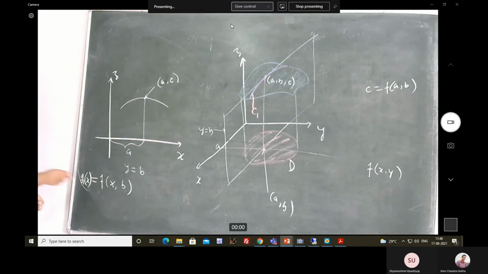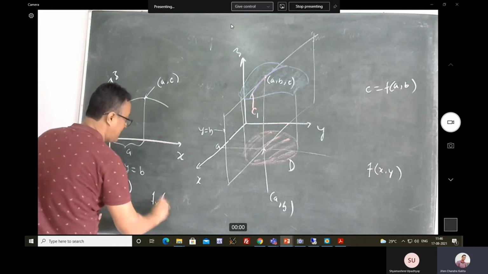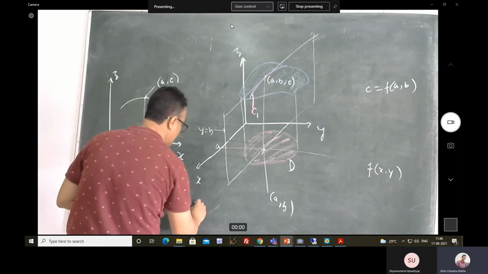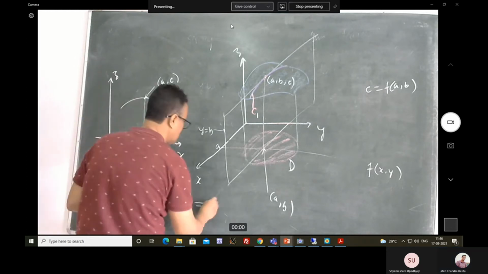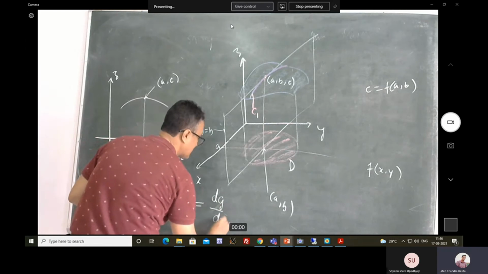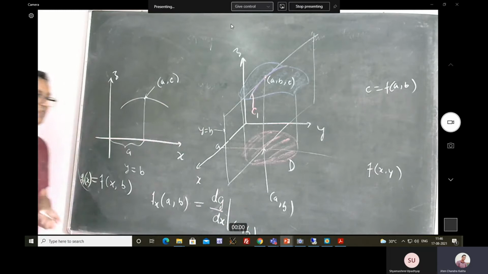I have defined it as g1(x). So now you know that fx at (a, b) is simply dz/dx at (a, b), isn't it? We have already seen that, right? g1.